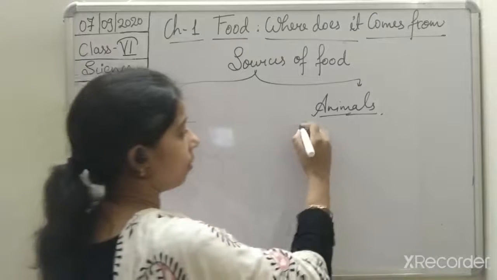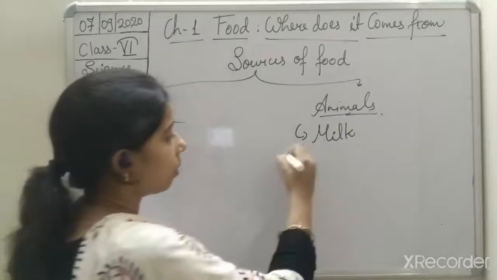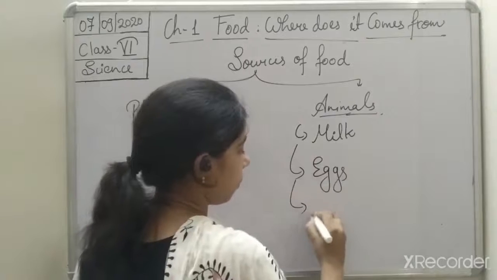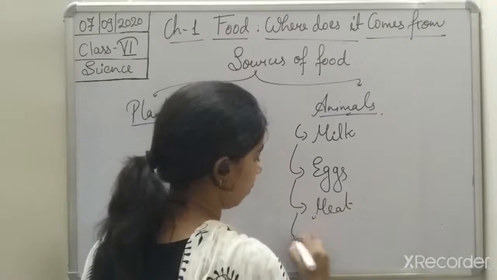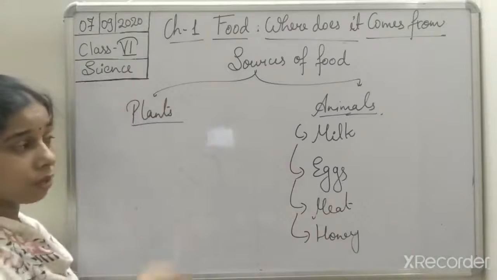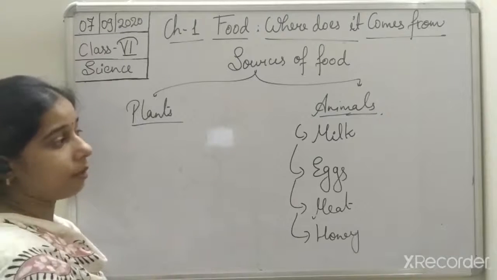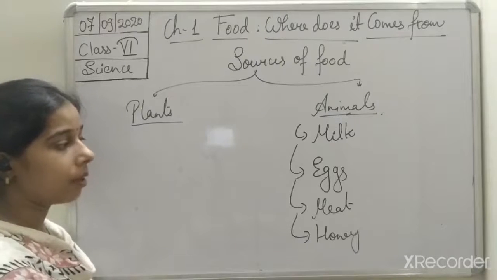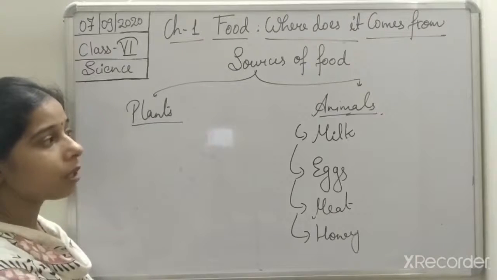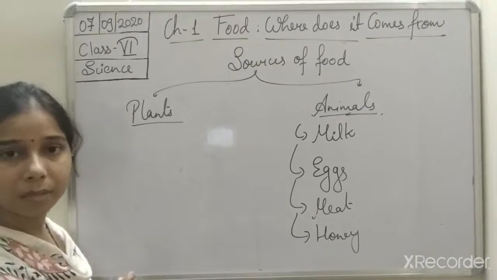First, animals provide milk, then eggs, then meat, then honey. All the things written here, including milk, eggs, meat and honey, we obtain from animals only. We extract them from animals.